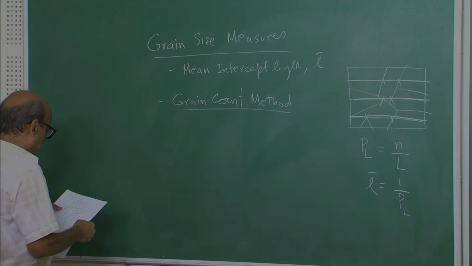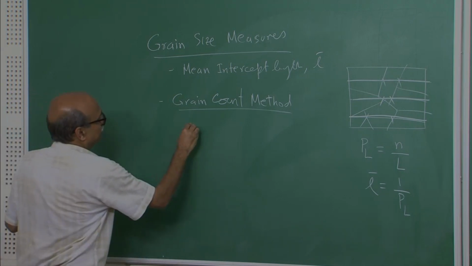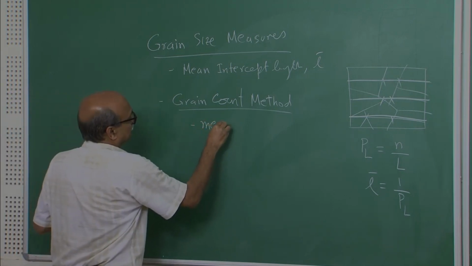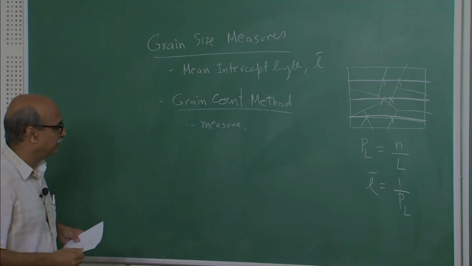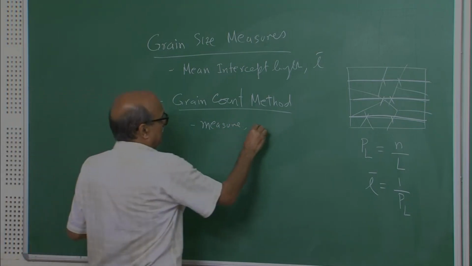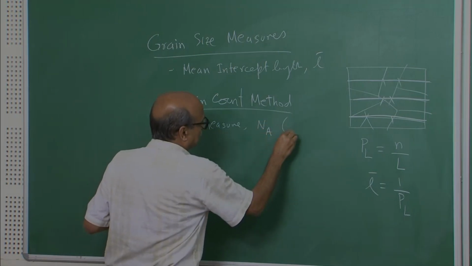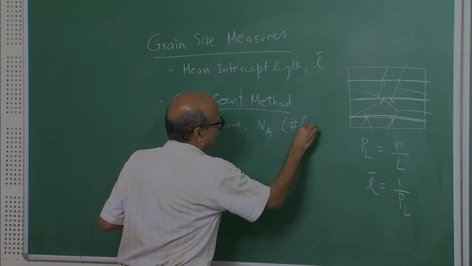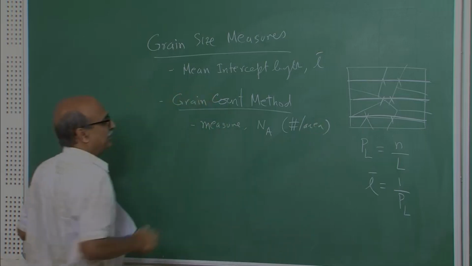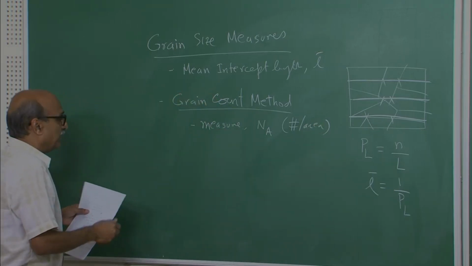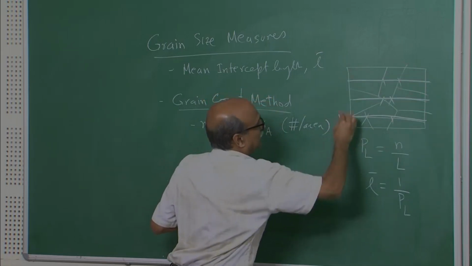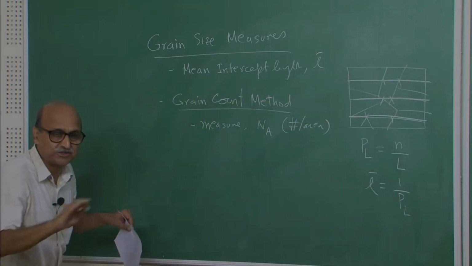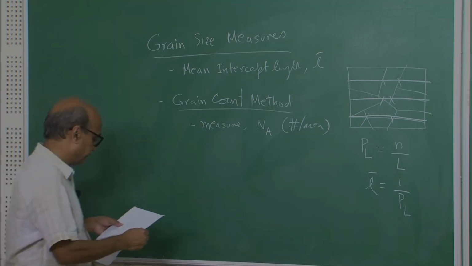In the grain count method, you measure the number of grains per unit area, N_A, this is number per unit area. So, I will be counting these grains and then dividing it by the total area over which I have measured the count.